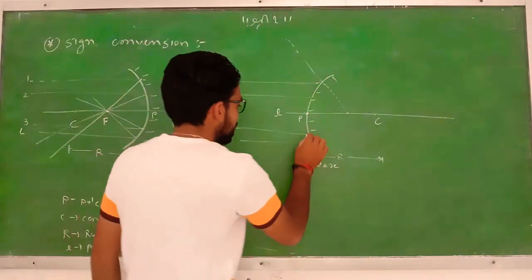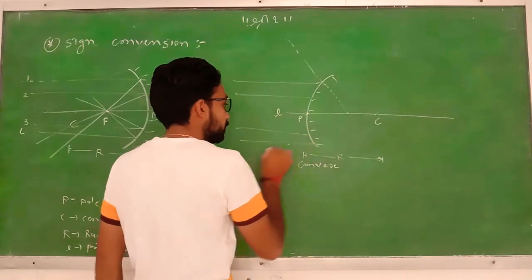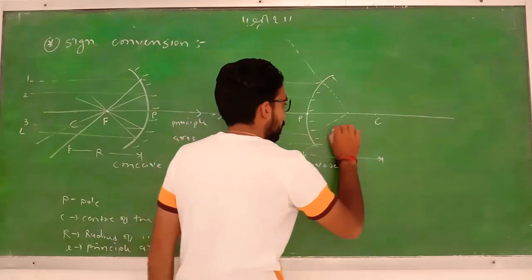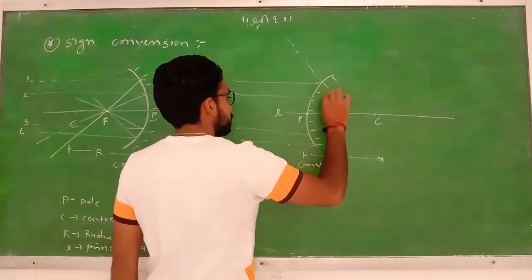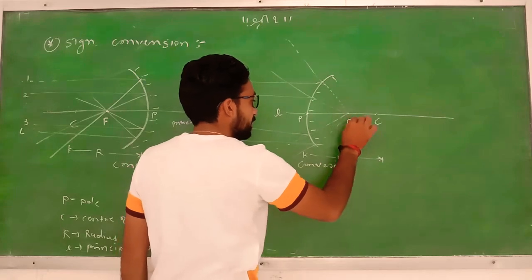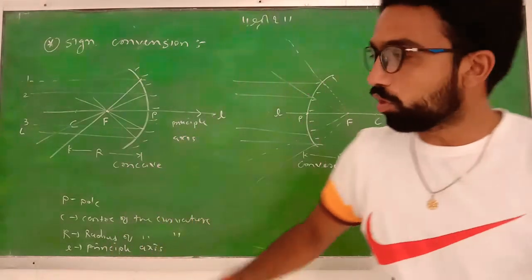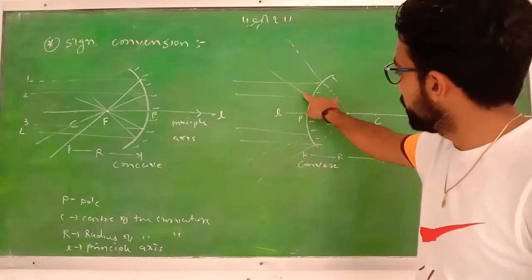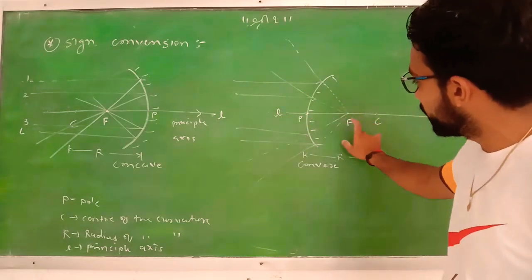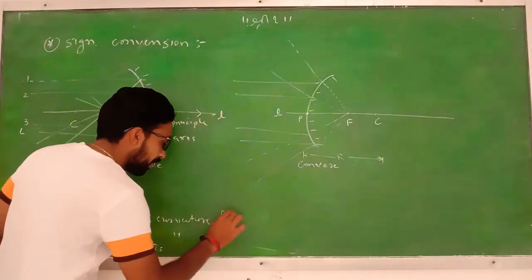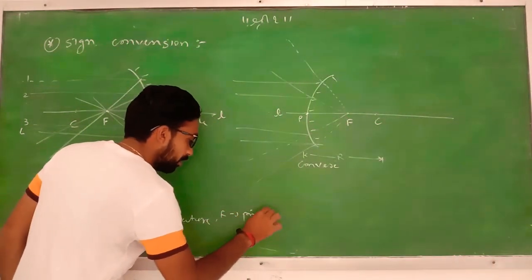You can see they all appear to come from the same point. So this point is the principal focus. In a convex mirror, the reflected rays look like they are coming from the same point on the principal axis, and that is known as the principal focus. What is F? F is the principal focus.